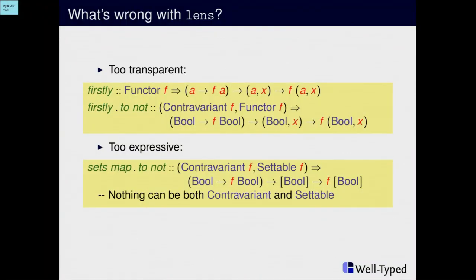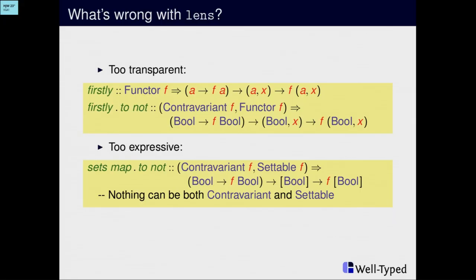Another problem is it's too expressive sometimes, that we can write things that actually we would like not to type check. So the example I gave earlier of composing a setter with a getter, sets map composed with to not, that shouldn't type check. But it's never going to be possible to make use of such a thing.